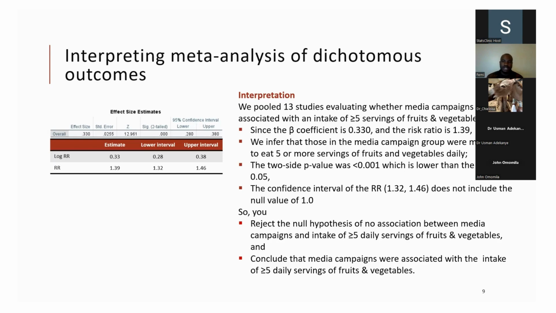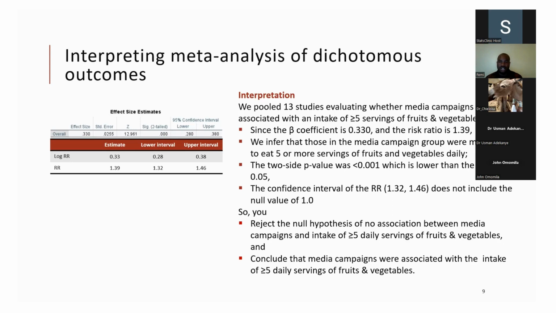Your alternate hypothesis is that there is an association between media campaigns and intake of these 5 servings of fruits and vegetables. After defining your null and alternate hypotheses, the next thing, after you run your meta-analysis, is to examine the confidence interval. Your null value in this case is going to be 1.